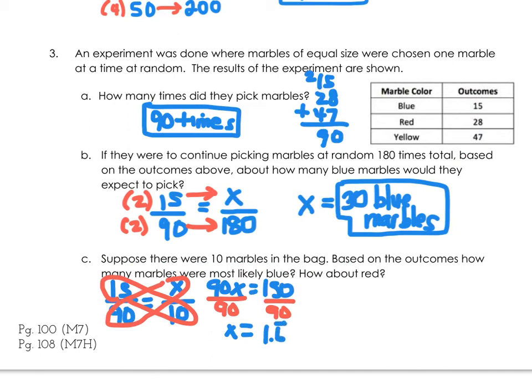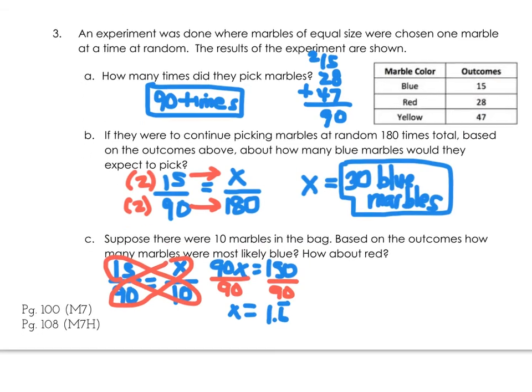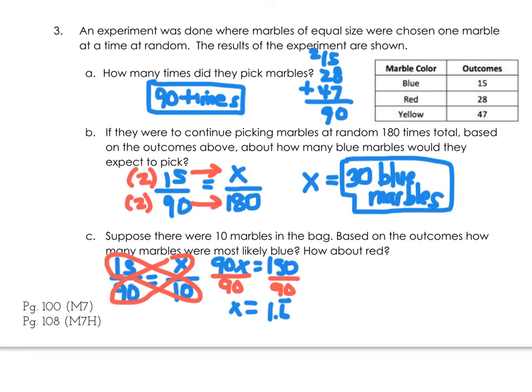It doesn't always come out evenly, so we're going to round it to the nearest whole number. Since we can't have 0.6 of a marble, we're going to say it's about 2 marbles. An about symbol looks like a wavy equal sign. So this is about, and we'll say 2 blue. Let's go ahead and box our answer.